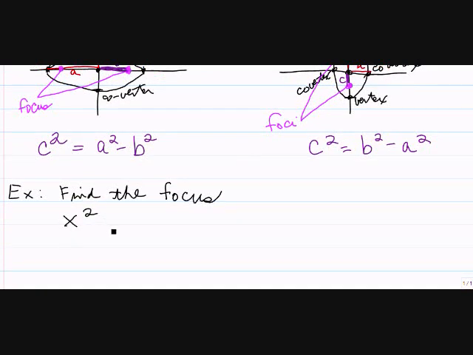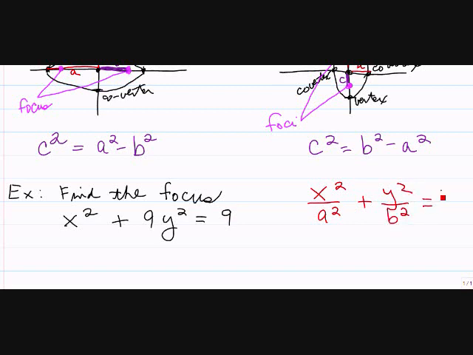Here is the equation of an ellipse, x squared plus 9y squared equals 9. Okay? This is not the form that we're familiar with. The form we're familiar with is x squared over a squared plus y squared over b squared equals 1.